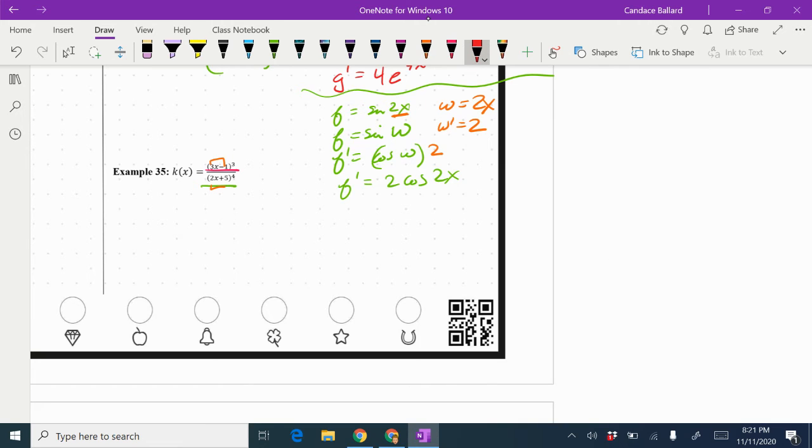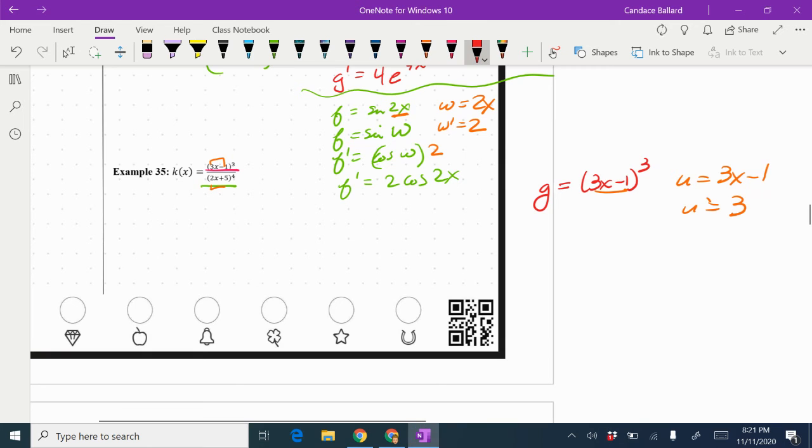So for my red, I'm going to call that g for lack of anything better. I'm going to say that g is equal to (3x minus 1) cubed. Then my inside function would be u equals 3x minus 1, meaning u prime equals 3.